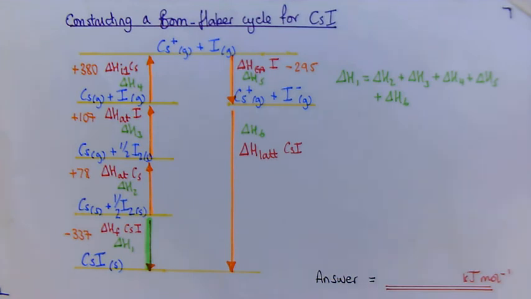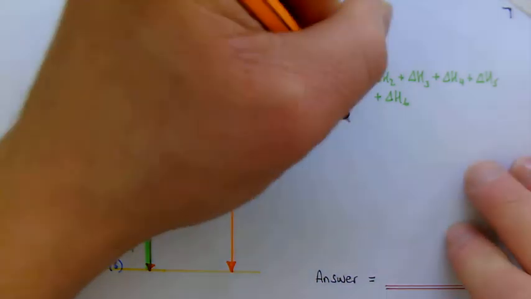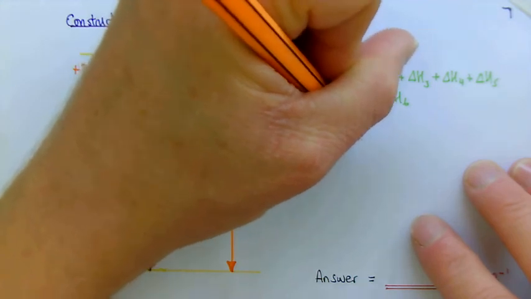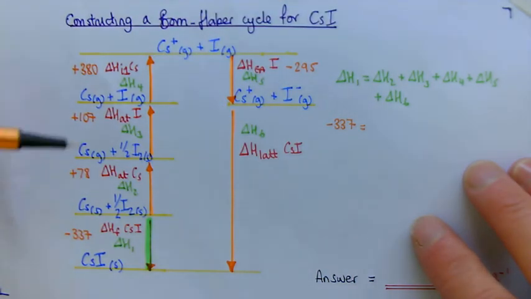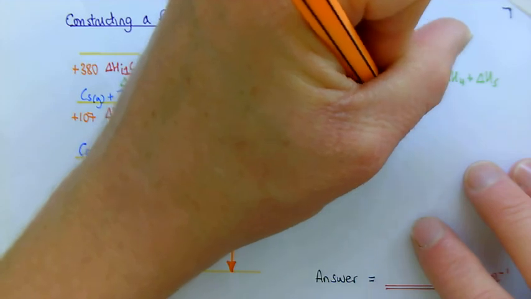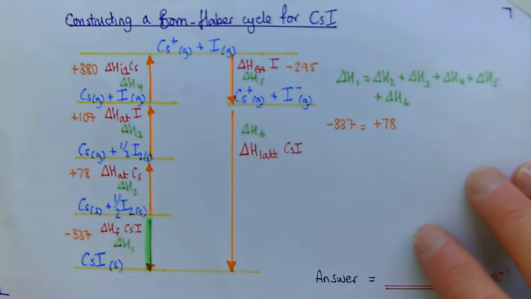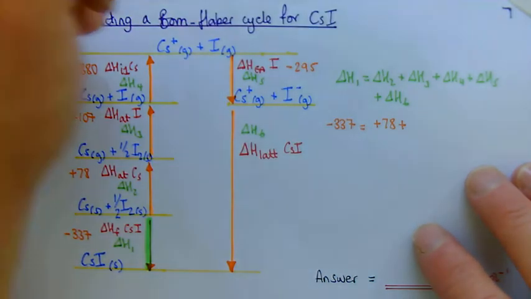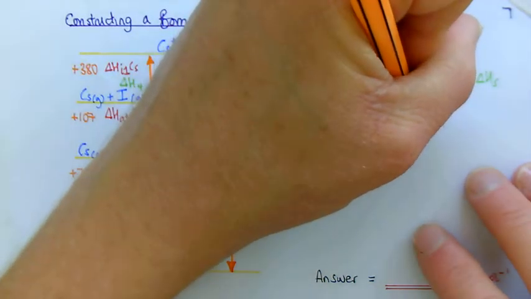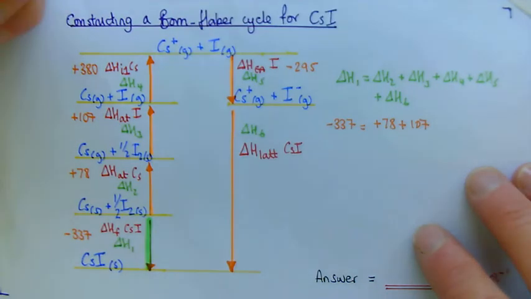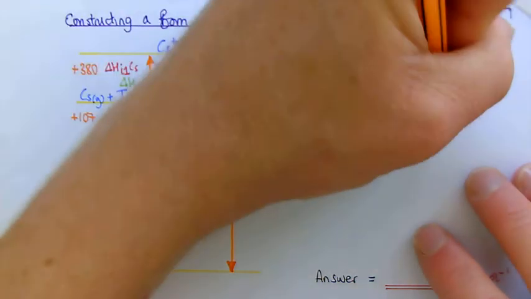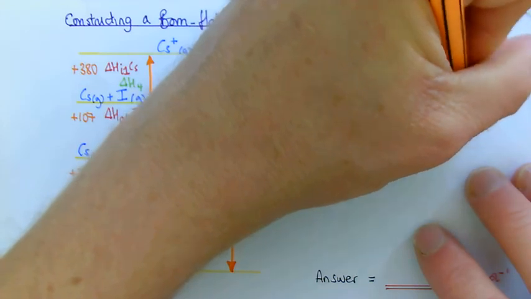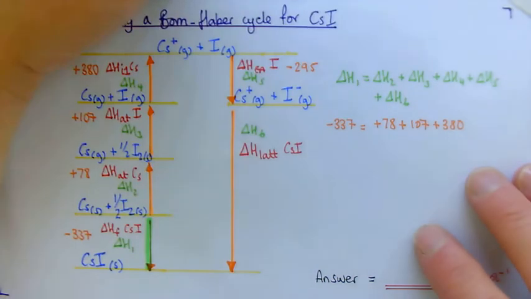So what I'm going to do is add in numbers, taken straight from the table. We have minus 337, delta H2 is plus 78. I'd say just write things out nice and normally. So we're adding here, delta H3 is 107, delta H4 is plus 380, and delta H5 is minus 295.